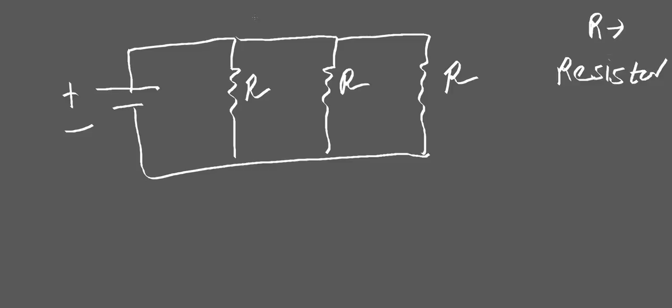The value of current is also as usual I. Now I'm using blue color to denote the current, okay. Now here, this is a point which is called a node, a point where two or more circuit elements meet. So we have three nodes here, right.